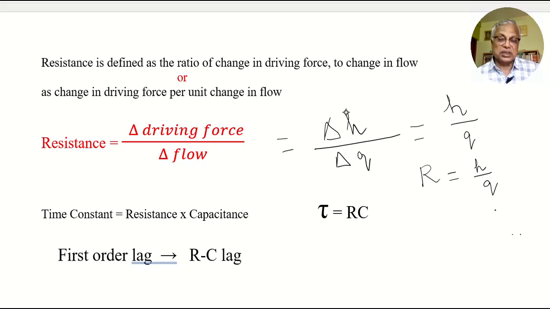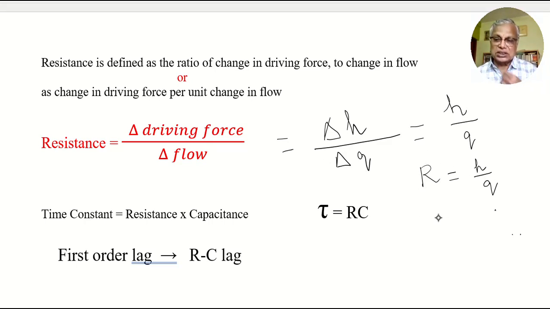Driving force for the tank is the head, liquid head, H, and flow is Q, volumetric flow rate. So delta H by delta Q, and if you have a linear relation, delta H by delta Q is the same as H by Q. So R equal to H by Q. So you get this resistance for tank is H by Q.